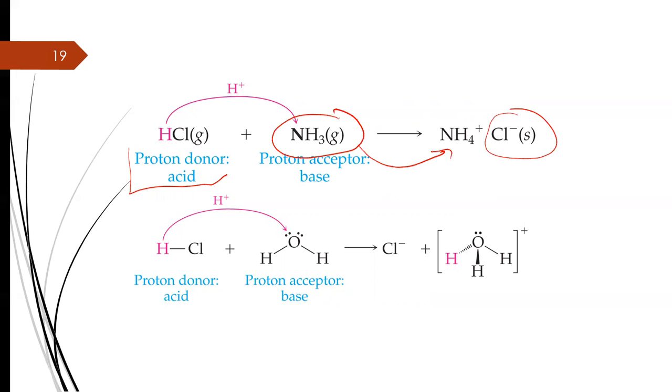Now, in a solution, how this works is it goes through an intermediate where it's becoming the hydronium ion, but you can also consider it to be both. Even with just the dissolution of our HCl into water, our HCl is still acting like an acid, still giving away that H+, and our water this time is acting as the base to produce this hydronium.